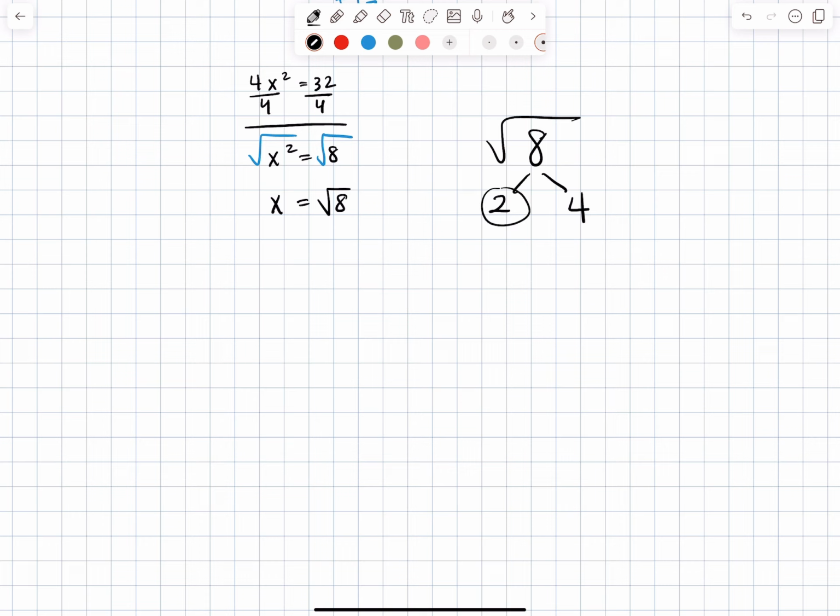Then we can circle this 2 and 2. We have to group them in pairs of 2. One gets canceled, this 2 comes on the outside, and this 2 goes on the inside of the radical sign. And don't forget your positive and negative signs. That's what x equals for this question.